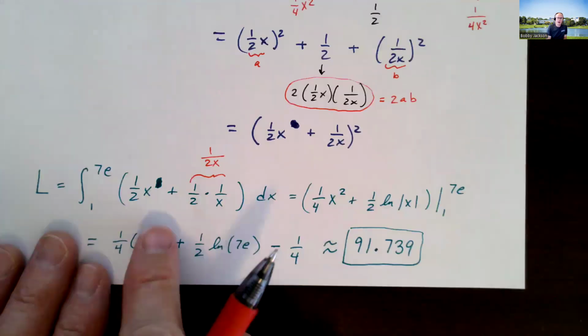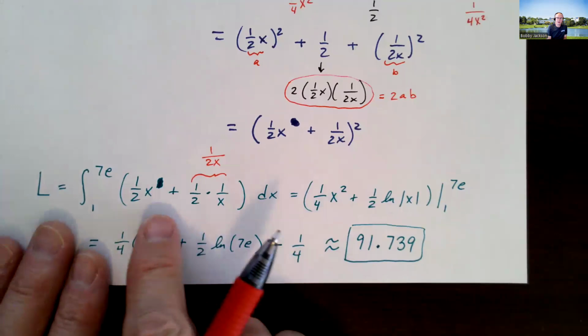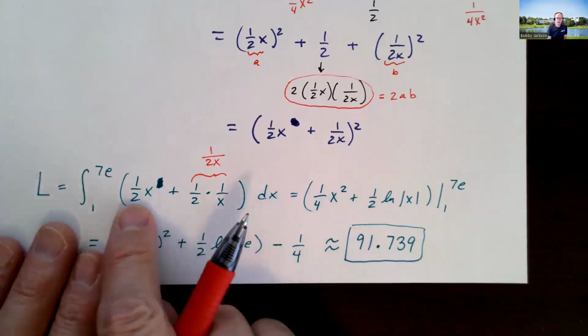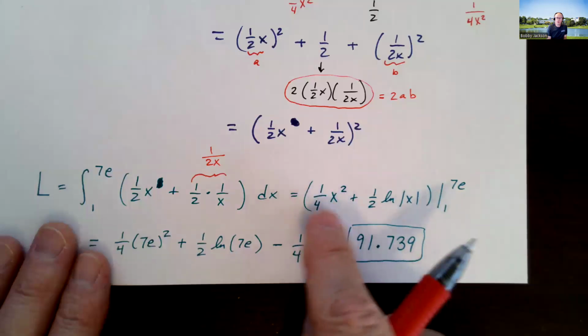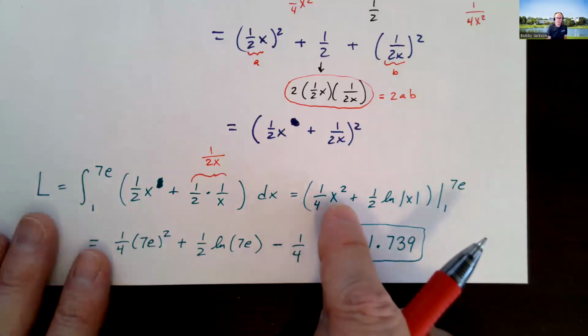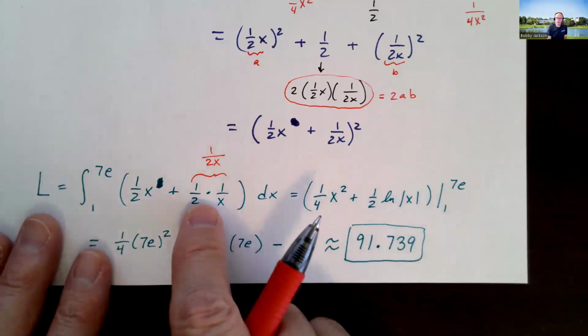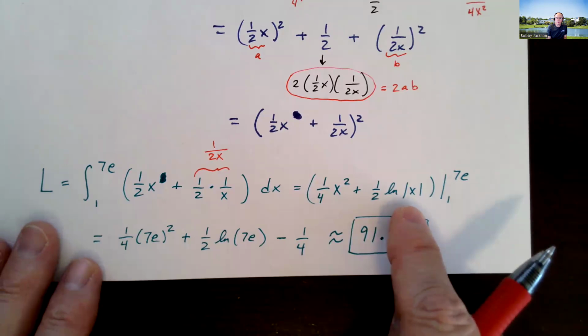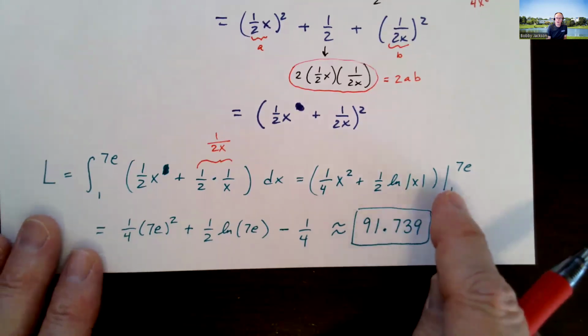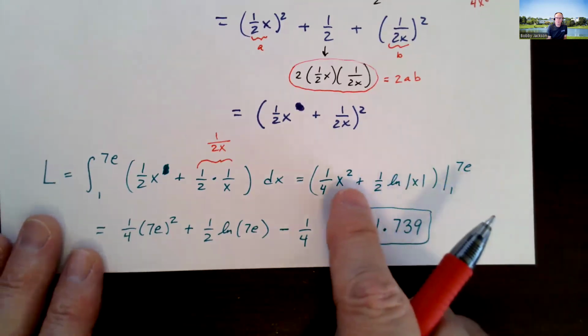Okay, so now I can find the antiderivative. What's the antiderivative of 1/2 x? Well, it's 1/2 times what? x squared over 2. 1/2 times 1/2 is 1/4 x squared. And then here, the antiderivative of 1/2 times 1 over x is 1/2 natural log of x. Okay, limits of integration, I plug in 7e.